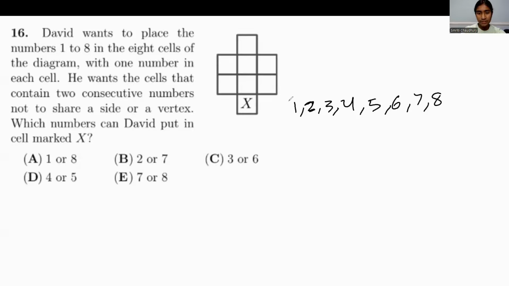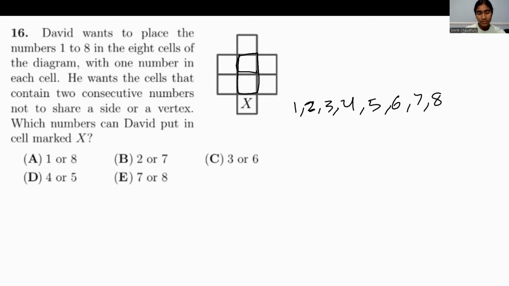And in the cells, they cannot share a side or vertex with a consecutive number. So 1 cannot share a side or vertex with 2. 2 cannot share a side or vertex with 1 or 3, and so on. So any number they are next to in the list we've listed out, they cannot share a side or vertex with. Now, let's look at these center cells over here.